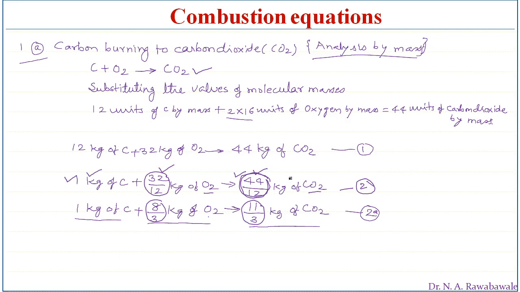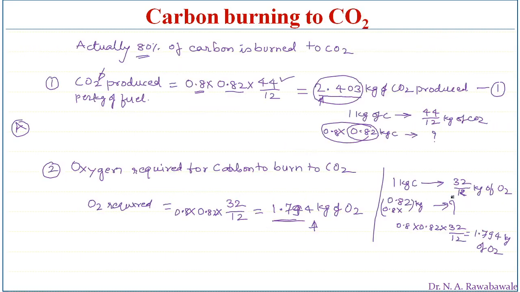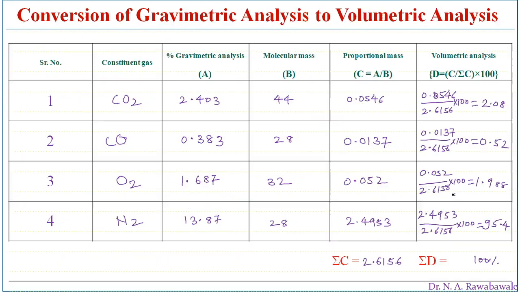Multiplying 44 divided by 12 by 12 divided by 44 gives 1. So to find the mass of carbon, we multiply by 12 by 44, not 44 divided by 12.